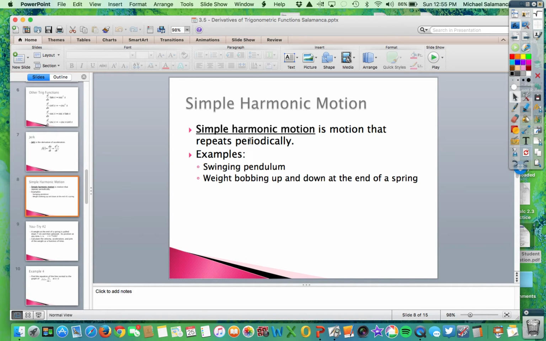We also see these in sound. So maybe you don't see it in sound, but every time you hear sound, you're hearing these kinds of motions. So imagine a string instrument. If you pluck that string, it's going to vibrate. Now, if you were to track the motion of that over time, you would have simple harmonic motion.